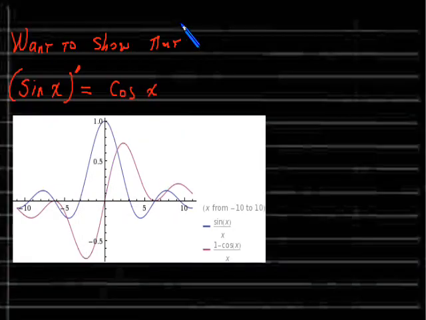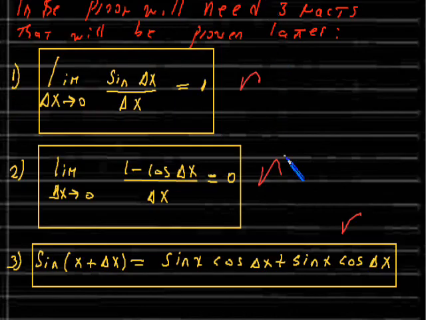So there it is. Now I have convinced you that the limit as delta x approaches 0 of sine of delta x over delta x is equal to 1, and the limit of 1 minus cosine delta x over delta x as delta x approaches 0 is equal to 0.